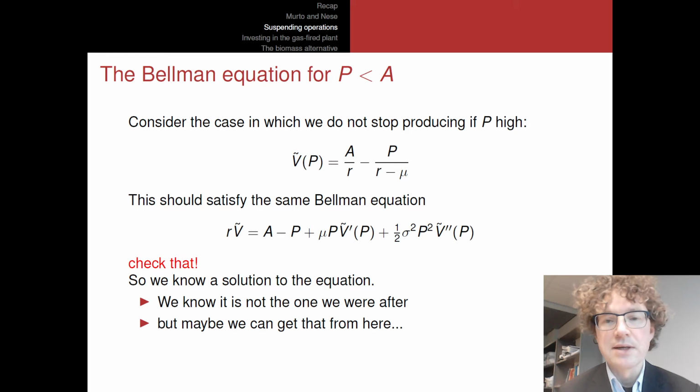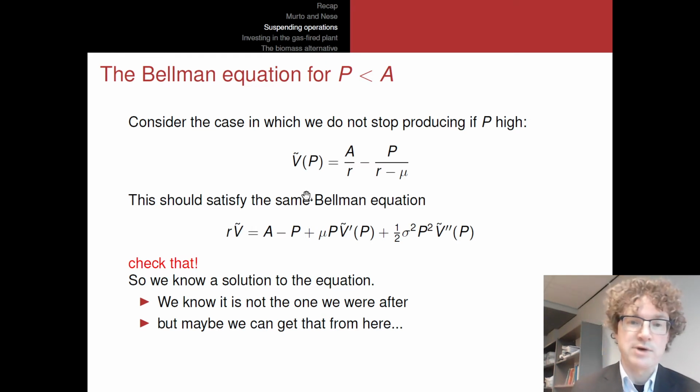So consider this plant that we just looked at, which we're never shutting down. We're always producing. We just figured out that the value of that plant would be this perpetuity, A over R, minus this growing perpetuity, P divided by R minus mu. Now my claim is that this value in itself should also satisfy a Bellman equation for a plant which is always producing. Well, what's the Bellman equation for a plant which is always producing?